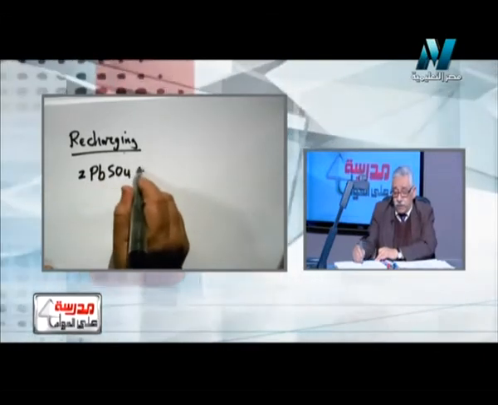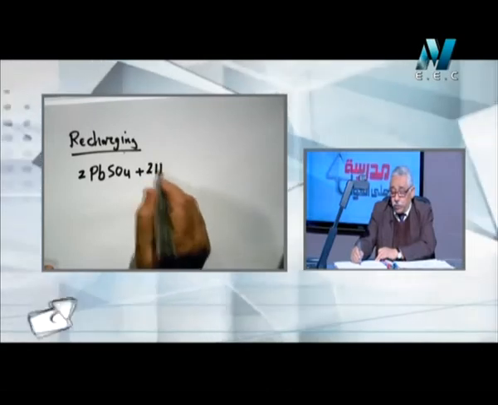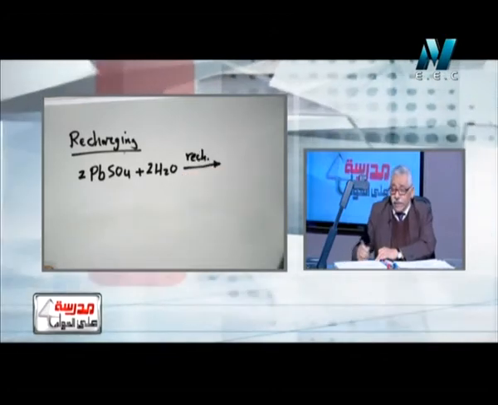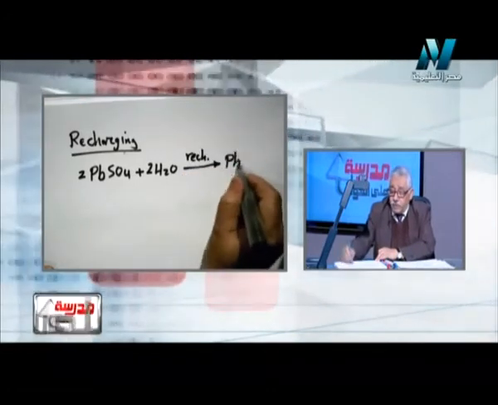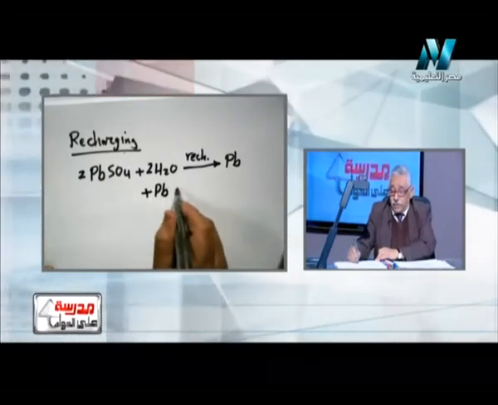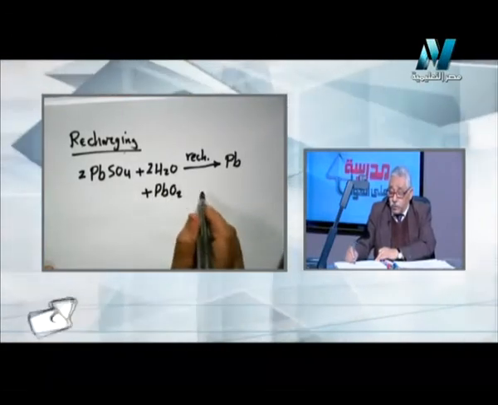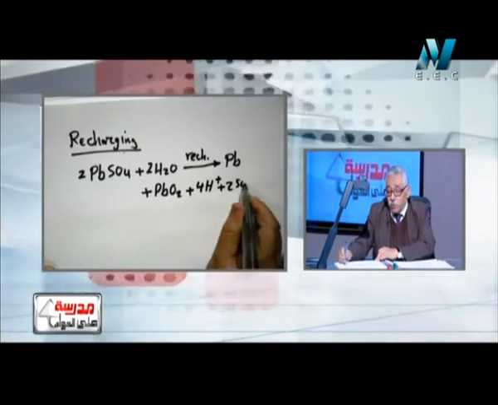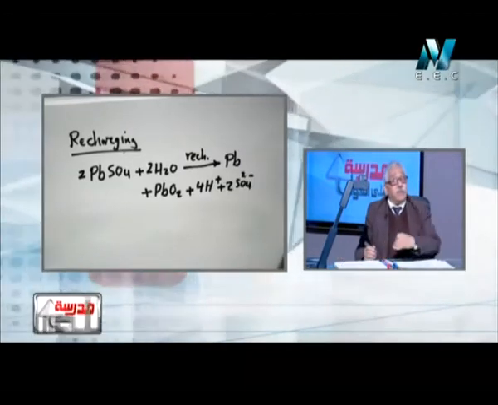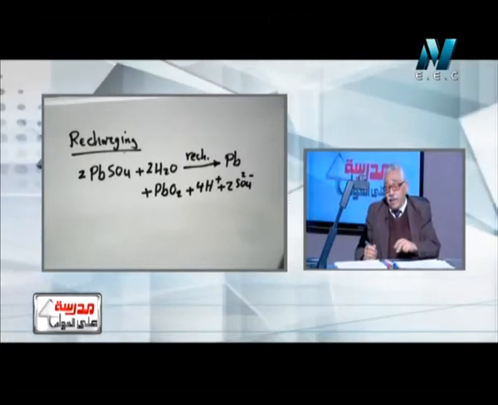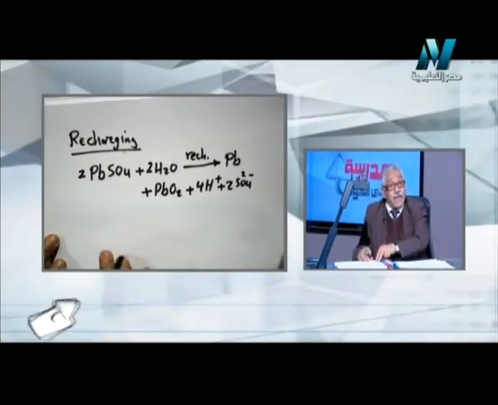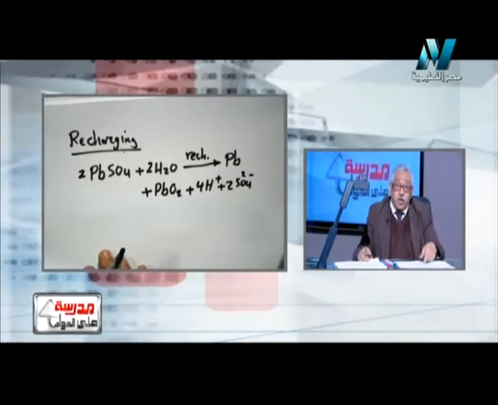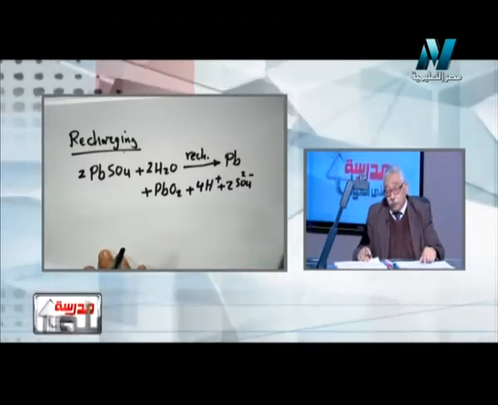2PbSO4 plus 2H2O, on recharging, is converted into Pb plus PbO2 plus sulfuric acid, 4H positive plus 2SO4 negative 2. Here it acts as the electrolytic cell. So the battery can act as a galvanic cell when it gives electricity during discharge, and as an electrolytic cell during recharging.